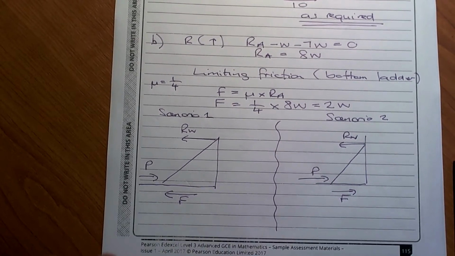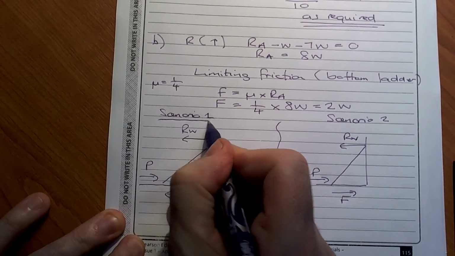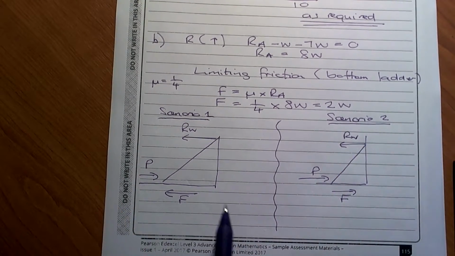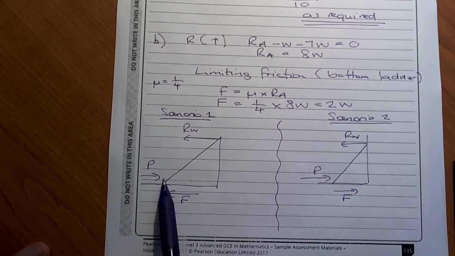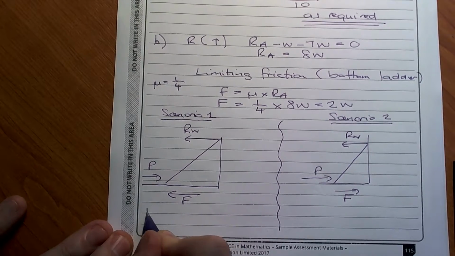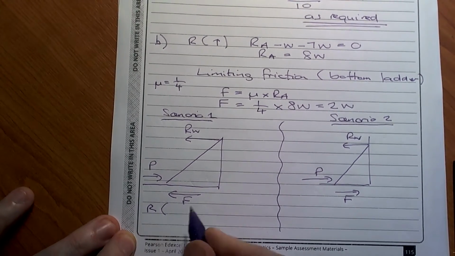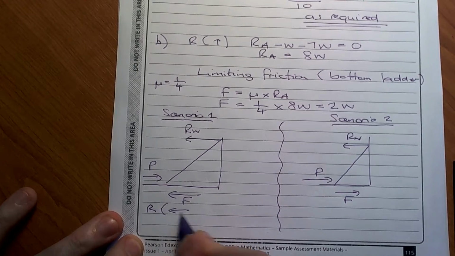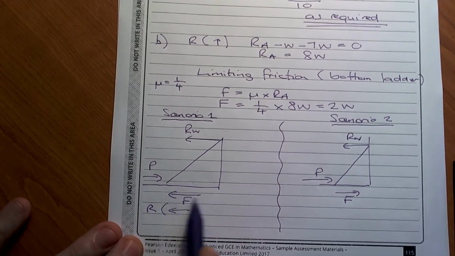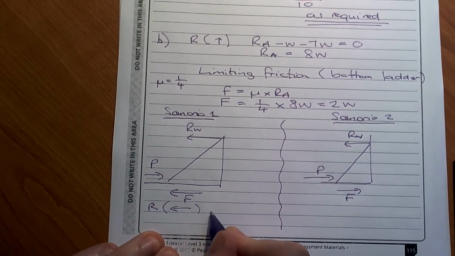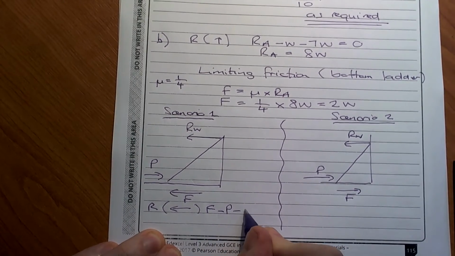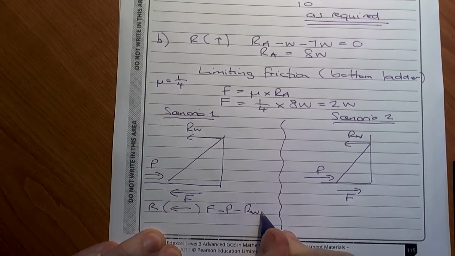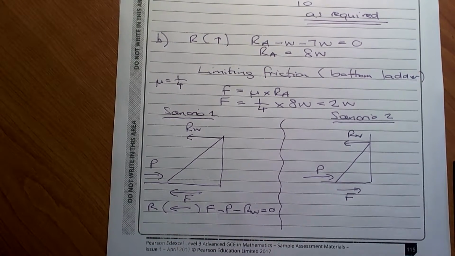Now I've just drawn two different scenarios on here, scenario 1 and scenario 2. In this one, we're going to assume that to keep it in equilibrium, even though there's a force here, the friction's acting that way. So if I resolve with that as a positive direction in the same direction as our F, we would get F minus P minus RW equals 0.